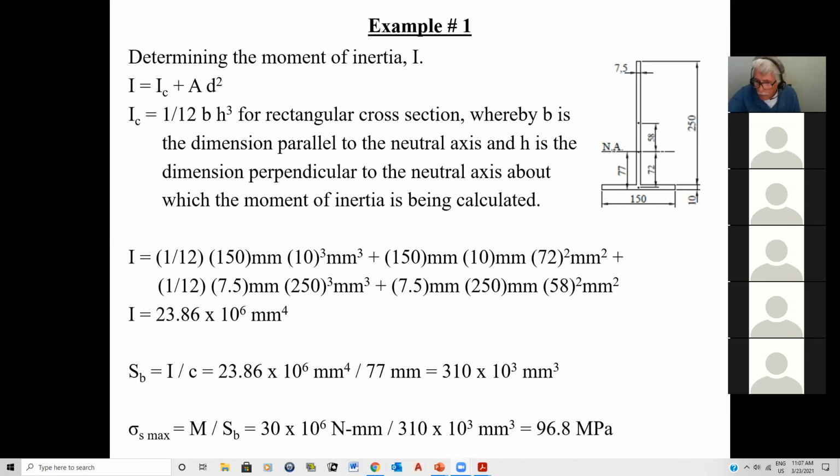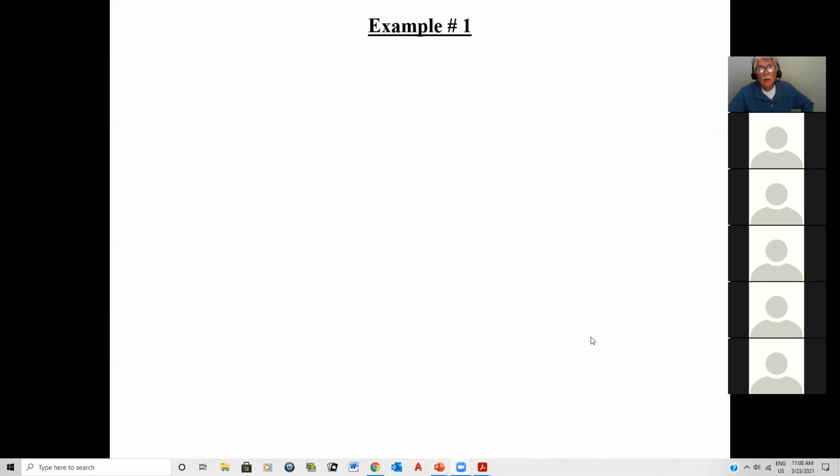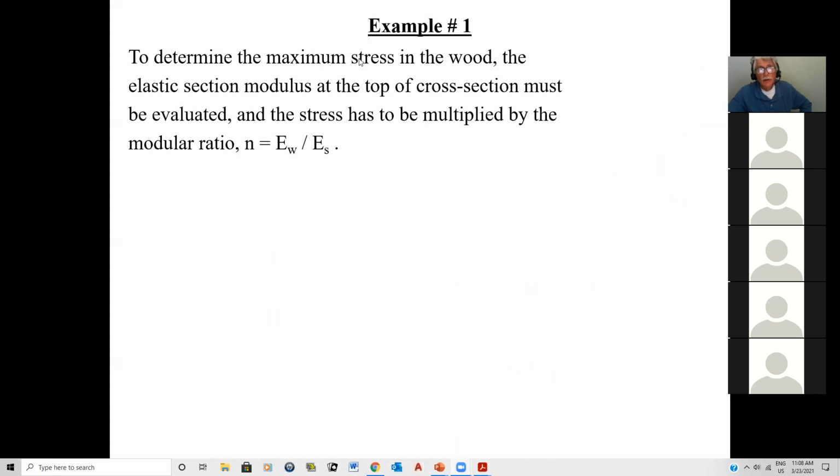Now, to determine the maximum stress in the wood, the elastic section modulus at the top end must be evaluated, and then the stress has to be multiplied by the ratio. So whenever you want to calculate the stress in the other material, you have to remember to multiply it by N, okay?